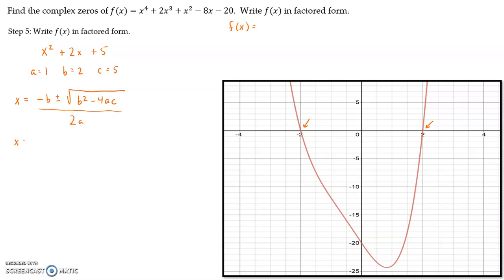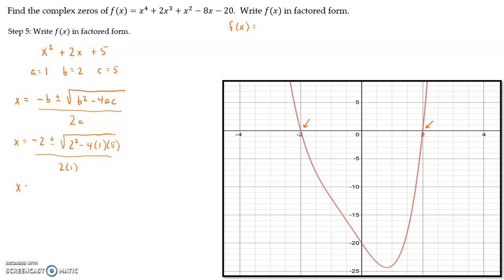So let's plug in our values here. We've got negative 2 plus or minus the square root of 2 squared minus 4 times 1 times 5, and all of this is over 2 times 1.